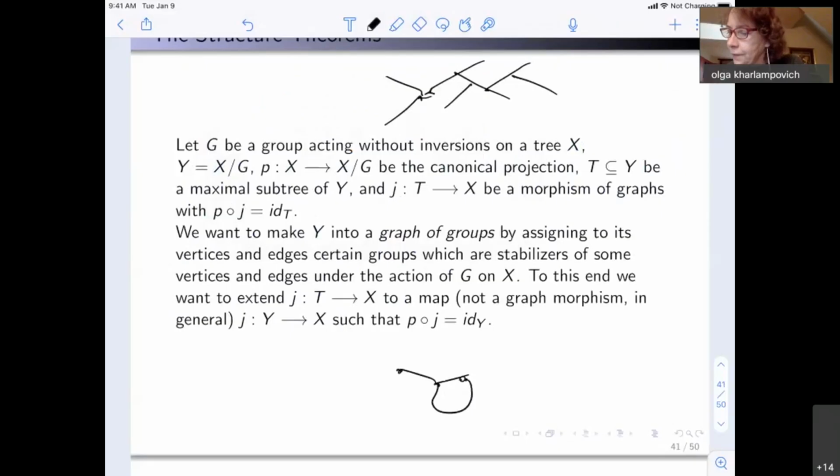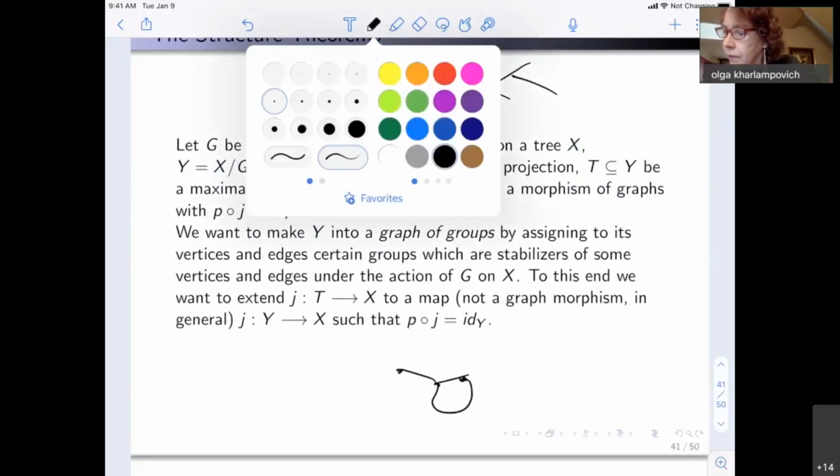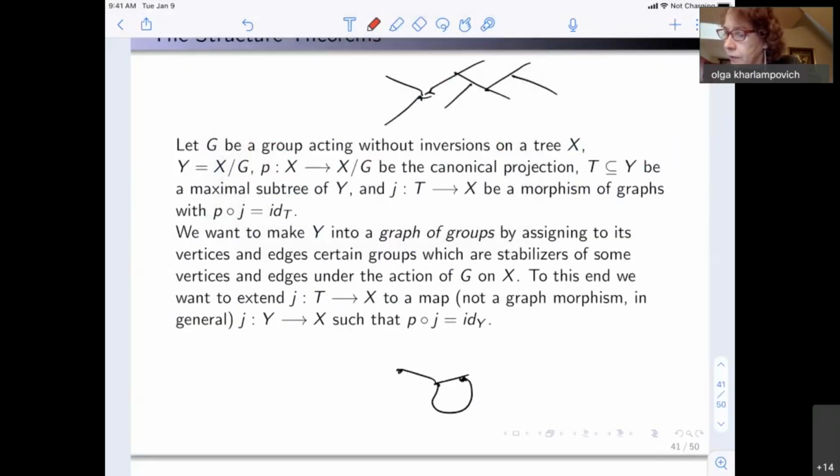Now we can lift this graph like this. So the tree we can lift. No, the tree is like this, right? So we can lift the tree. And we can lift this H, which is, for example, this, right?